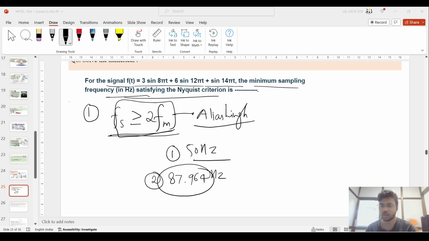Anybody else? Try this concept of the Nyquist criteria, that Fs is greater than or equal to 2Fm, to extract the message signals from the exact values. You should have a certain range of sampling so that you can extract all the signals at a time without any loss.